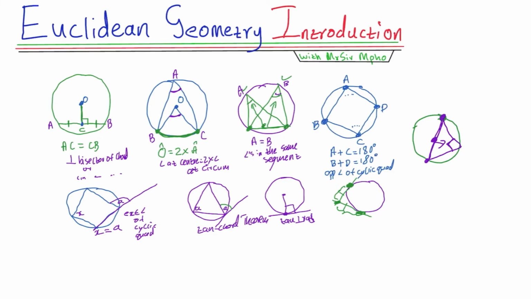Why? This is a result of this theorem, right? Look at it. Because when you have 180 here, the angle at the center subtended by this arc is 180. It will be twice the angle at the circumference as well. So if you have 180, half of 180 is 90. So it will always be 90. Do you see it?